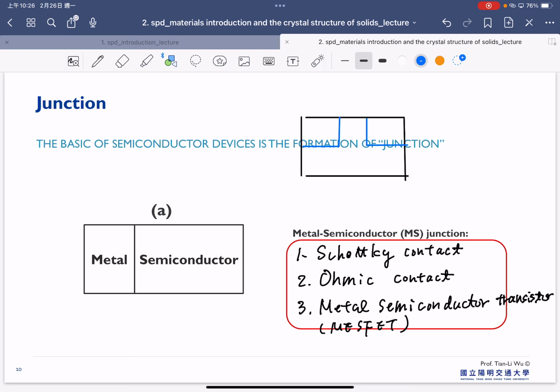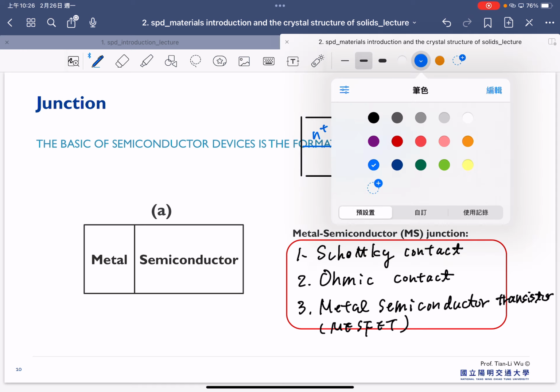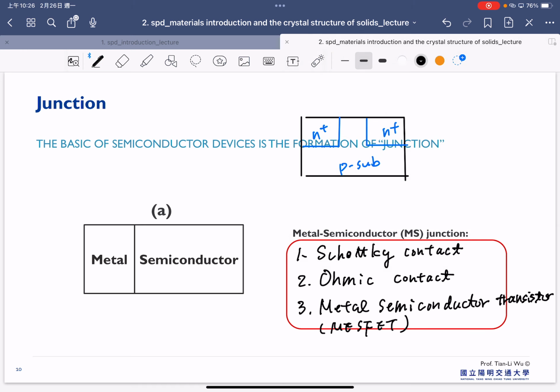So, for example, let's say this is a P-type substrate. And we have the N+ here. And from the previous introduction, we know there's a dielectric, and there's a gate here.